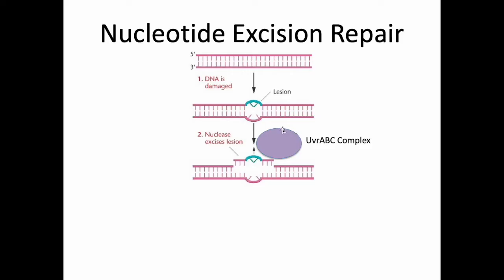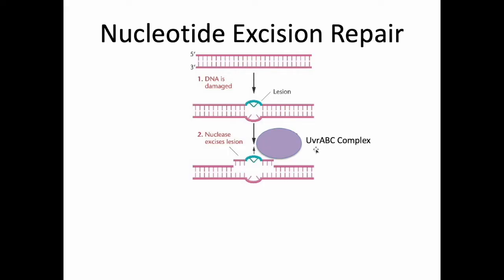As always, this is a big, complicated, very fascinating protein, with multiple parts to it and a horrendously complicated three-dimensional structure. It's just a purple oval. This enzyme called the UVRABC complex.